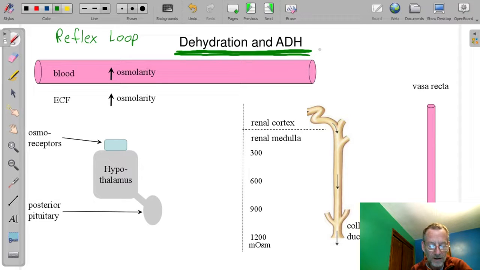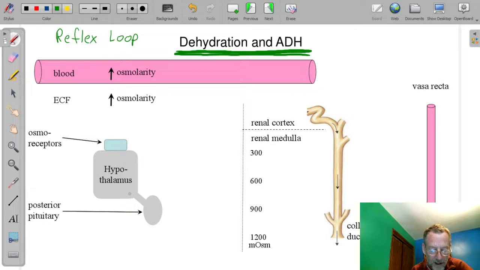So if we start, blood and the ECF, we talked before about how the ions, the small things, go back and forth to equilibrium. Now in this case, we're talking about sodium being the major determinant of the ECF volume and the osmolarity. So high osmolarity in the blood, high osmolarity in the ECF.